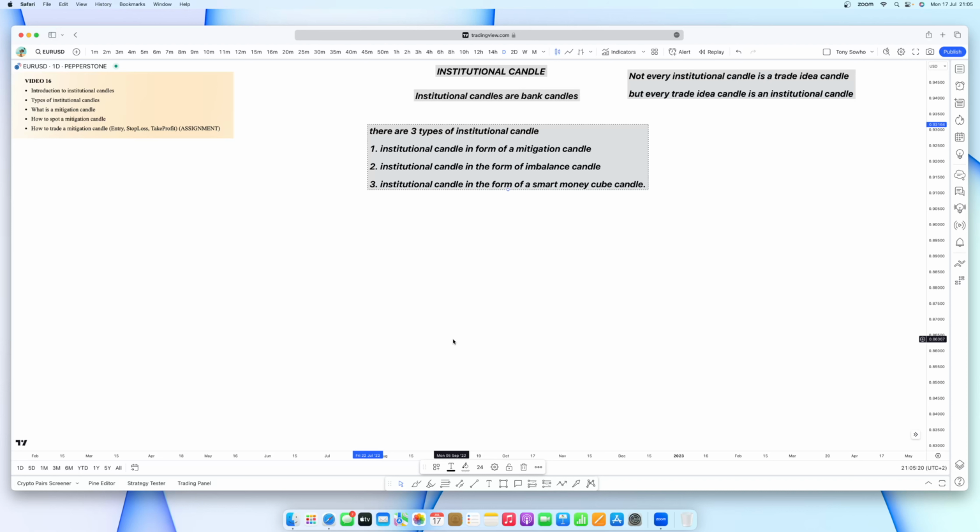I told you in the call that there are reasons why institutions will stall price at a particular area, because they're trying to induce retail traders to believe that that is a support level. And then people are getting in, people are buying, and then price will just dump down.